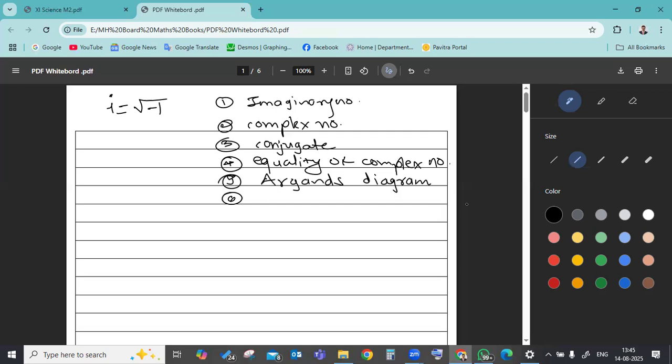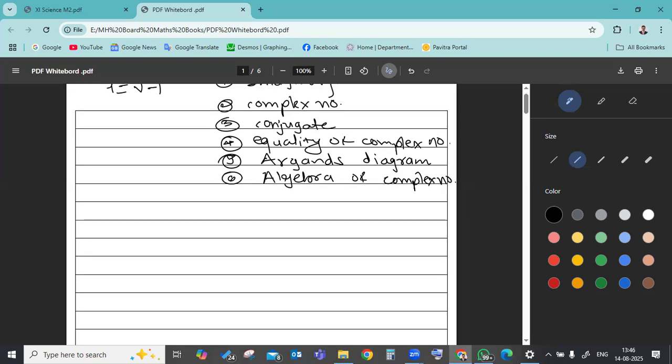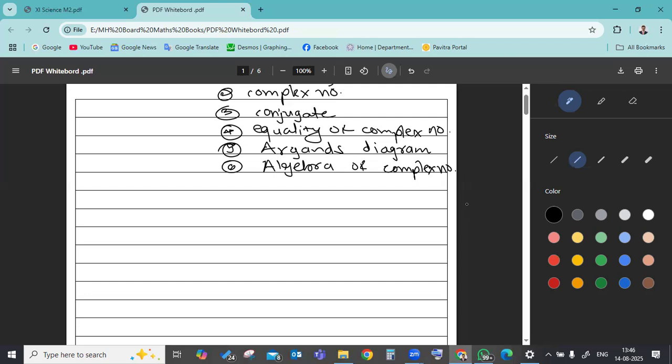Okay. And then we studied algebra of complex numbers, right? In this, we have studied addition and subtraction of complex numbers.